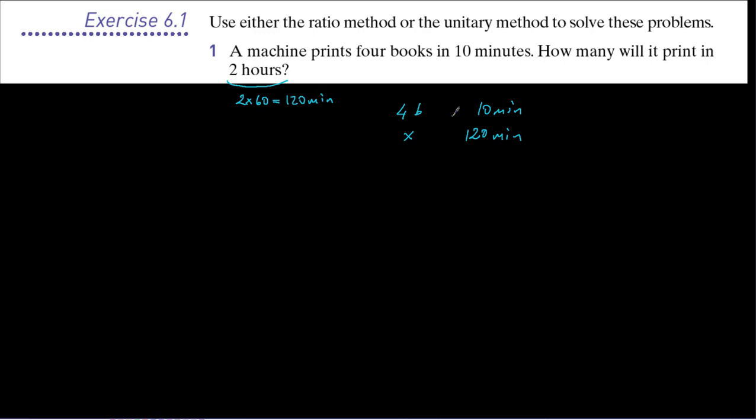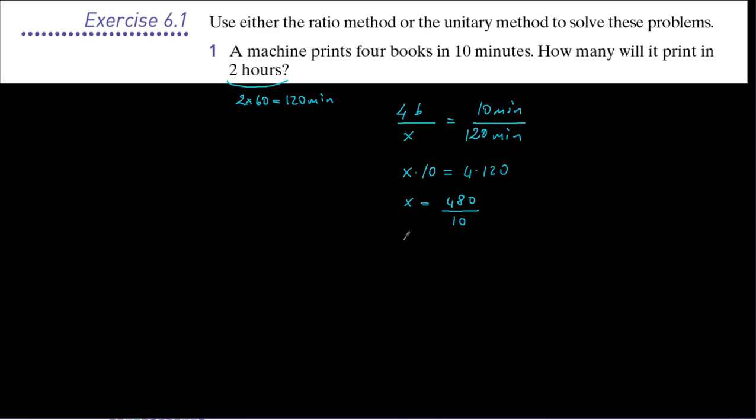And as I mentioned, I'm going to use 4 bars to make this equation like this, 120 times 4, or I can write firstly x to the left, which means x times 10 is equal to 4 times 120, which means x is equal to 480 over 10.